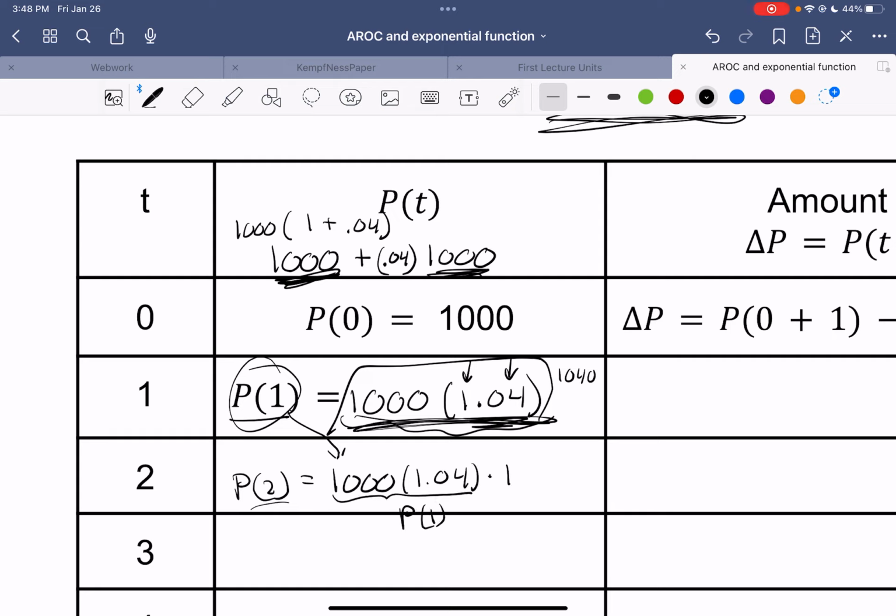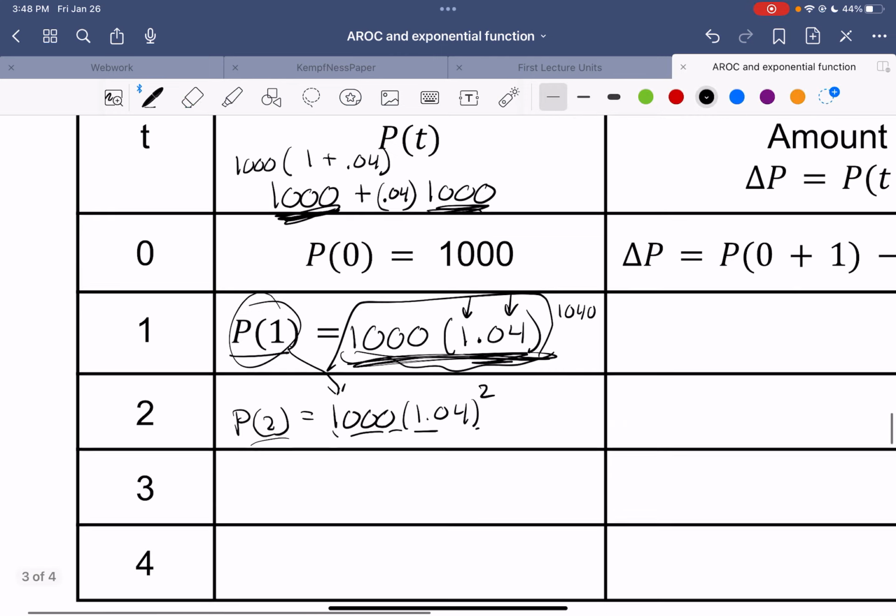And I have to multiply it by 1.04. 0.04. Okay, this represents the new growth in order to get to P at 2, right? So wait a second, 1,000 times that, I could have just written that one as 1,000 times 1.04 squared.